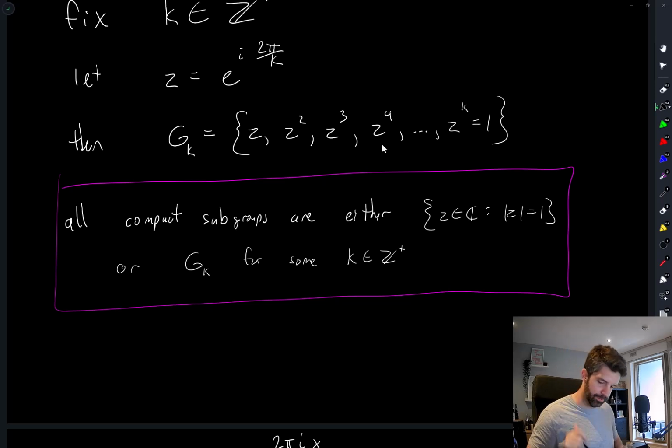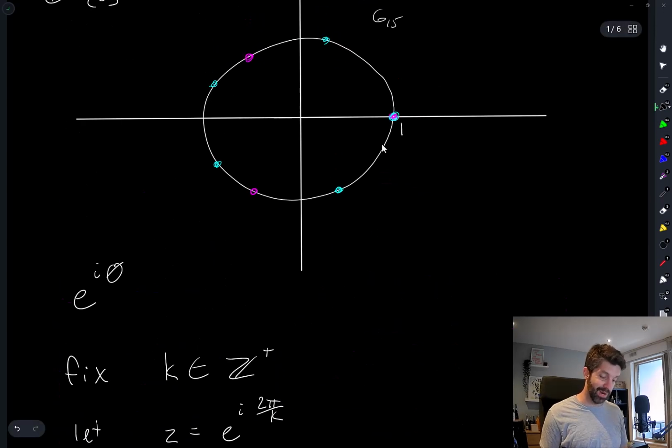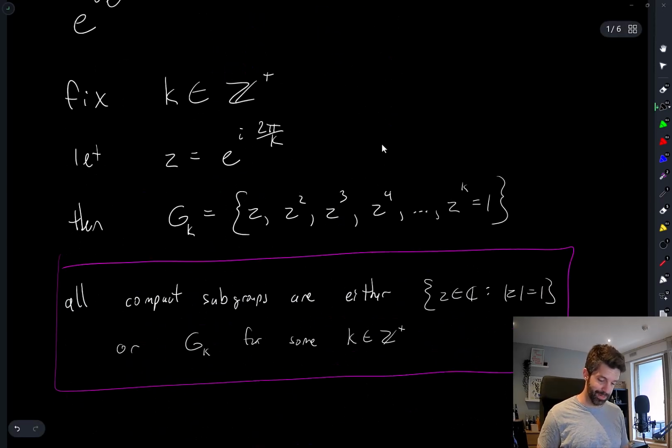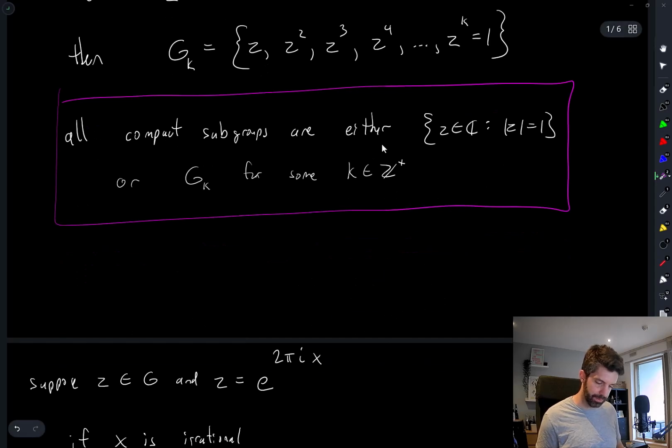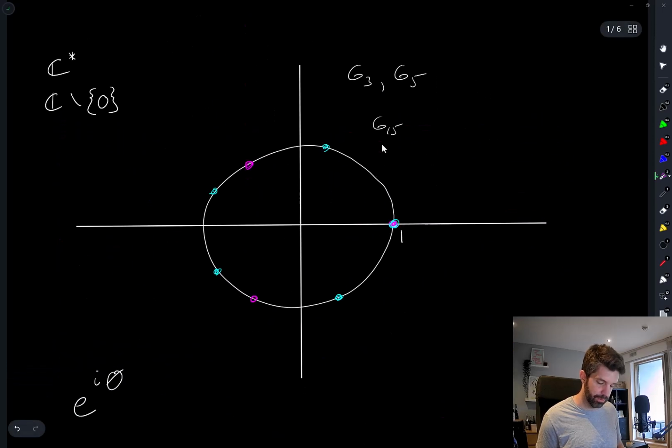Yeah, this is not a convincing argument, but I'm confident in everything I said up to this: this is certainly a subgroup, and any subgroup has to lie on the circle. But I would need to think a little bit longer about how to make this fully rigorous or convincing.